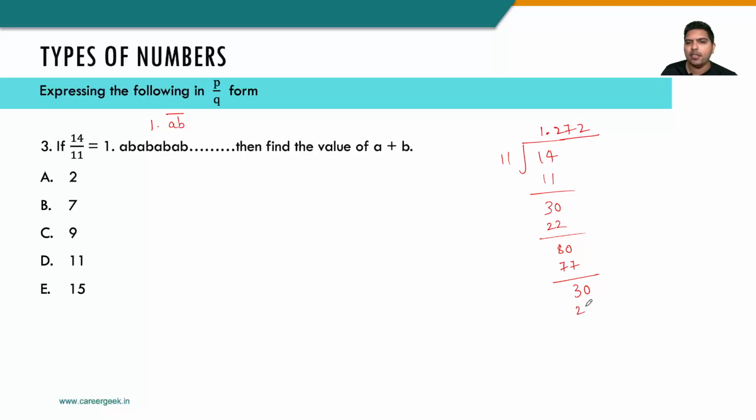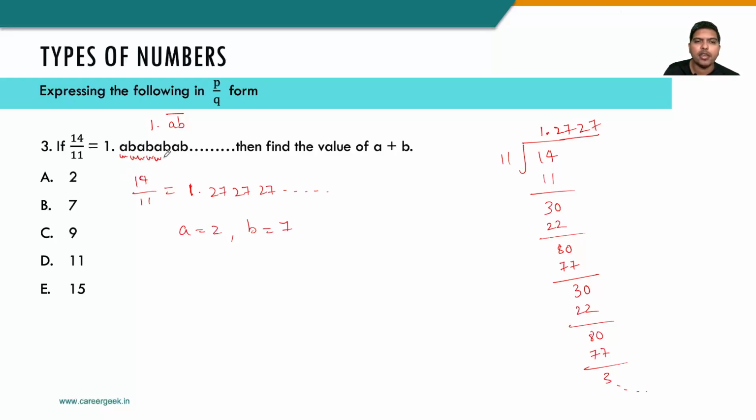So as we can see here, 2727 is repeating, and so on. So the value of 14 upon 11 is 1.272727, and so on. So A is equal to 2 and B is equal to 7. So we can compare, right? 27, 27, 27 and so on. So the value of A plus B is 9, which is option number C.